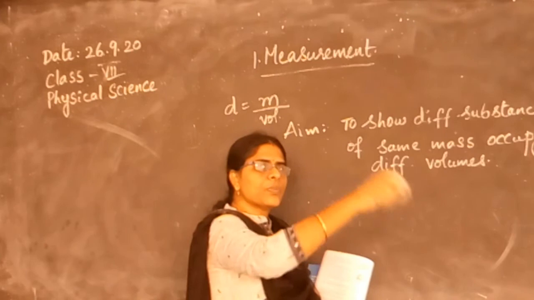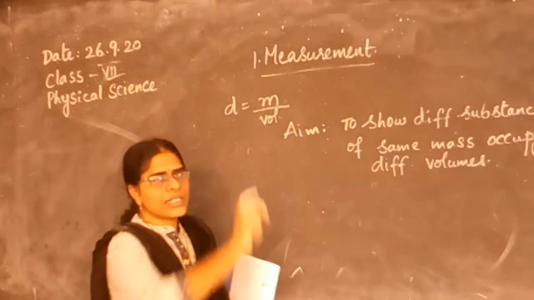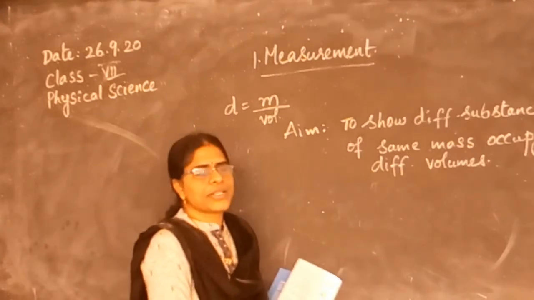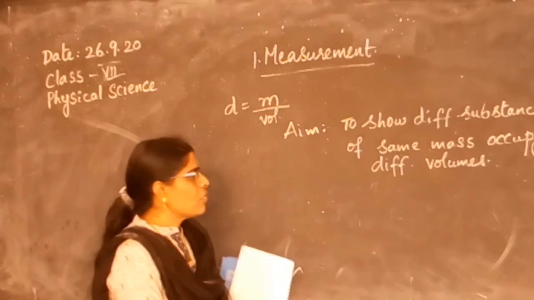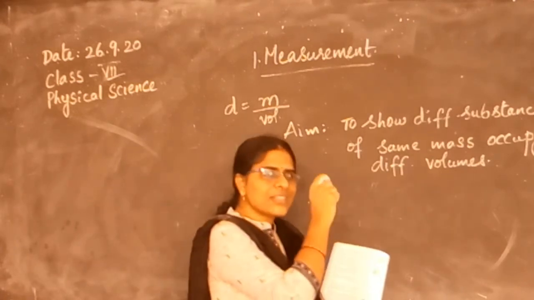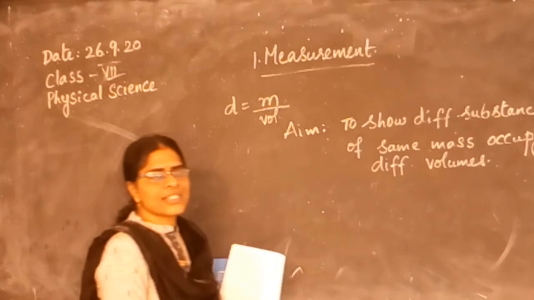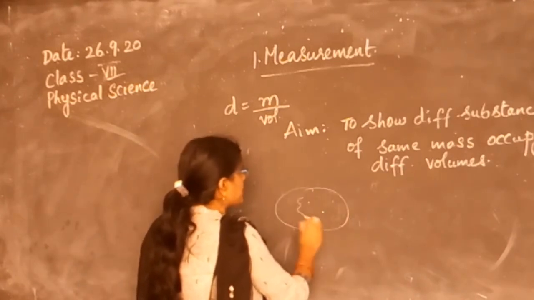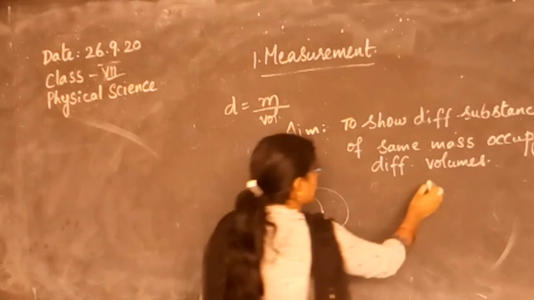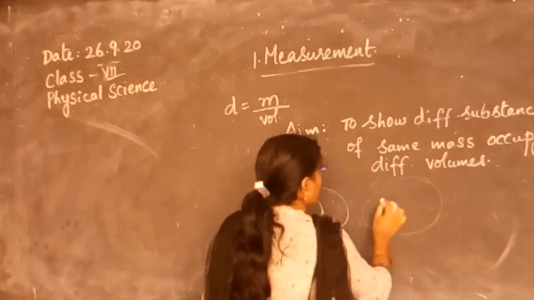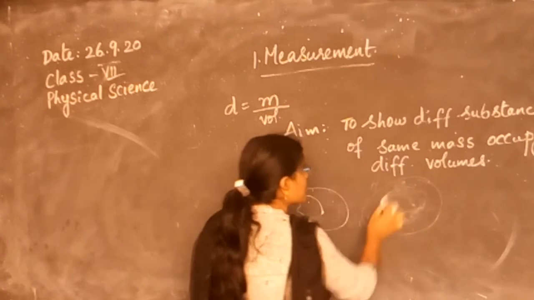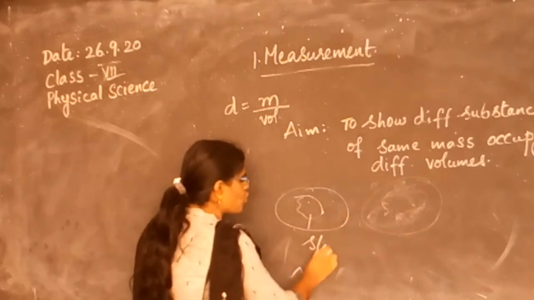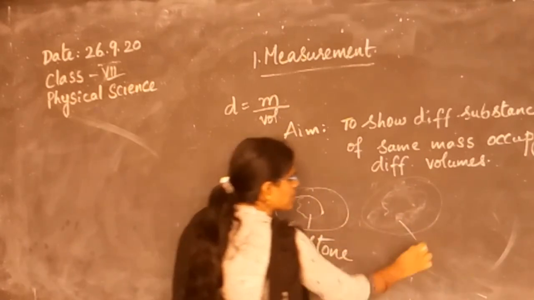Here, keep on adding the sand till the beam becomes horizontal. In one pan I have placed a stone, and in the other pan I have placed some amount of sand. This is stone, this is sand.